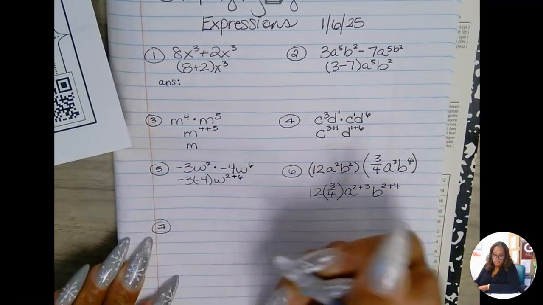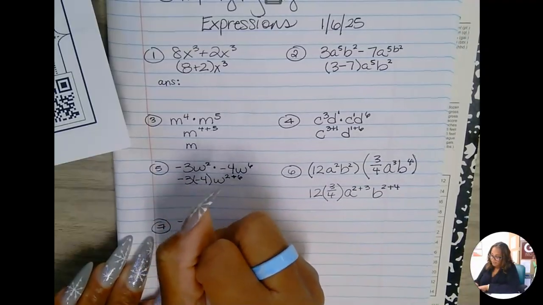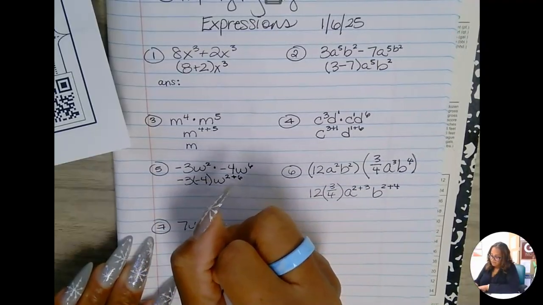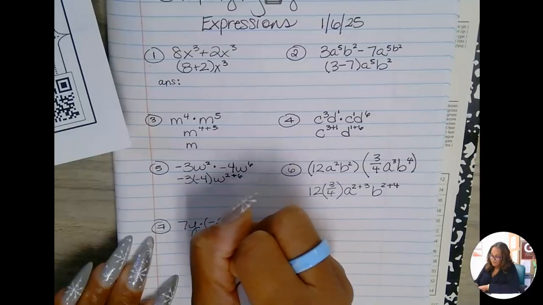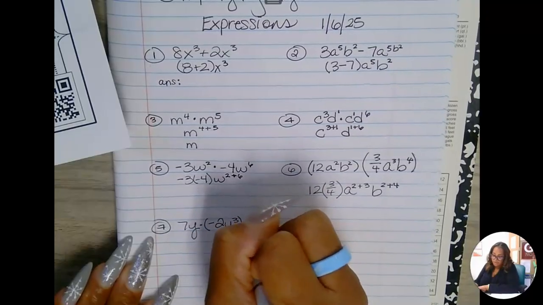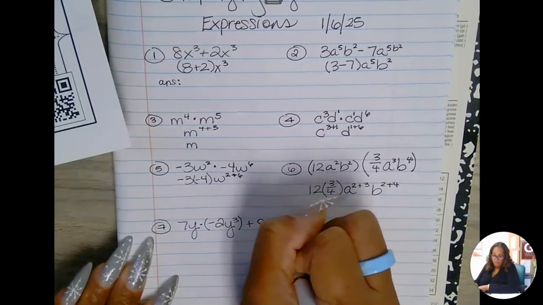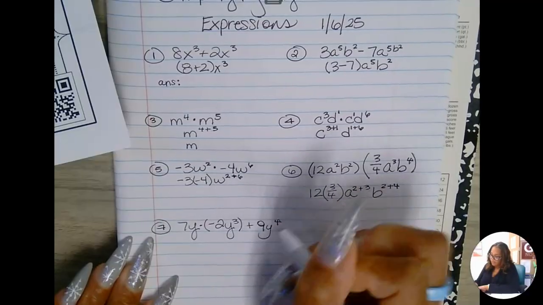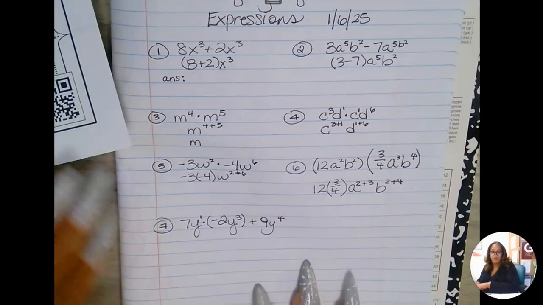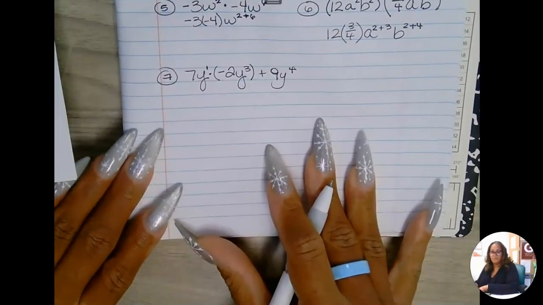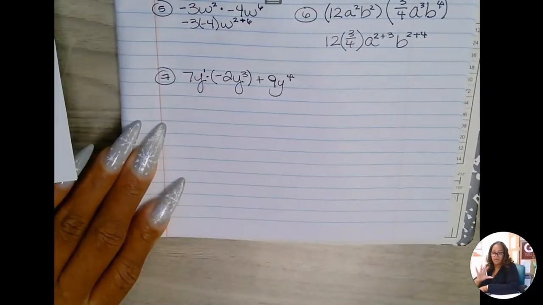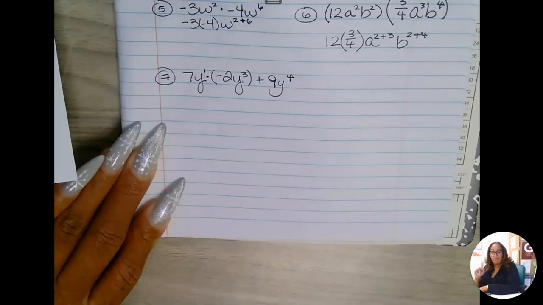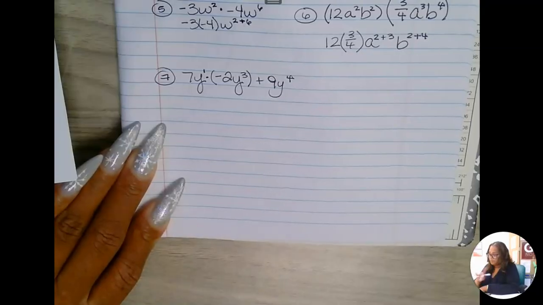Number 7 is 7y times negative 2y cubed plus 9y to the fourth power. Remember, this has an exponent of 1 wherever they don't show me the exponent. I have to make it appear. I do not put 0 there because anything raised to the 0 power is 1, and I don't want that.